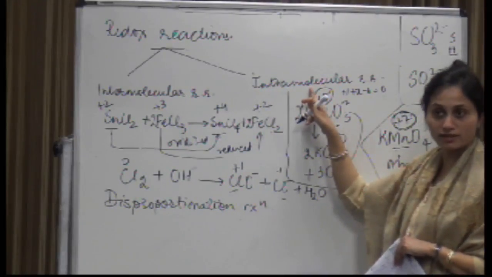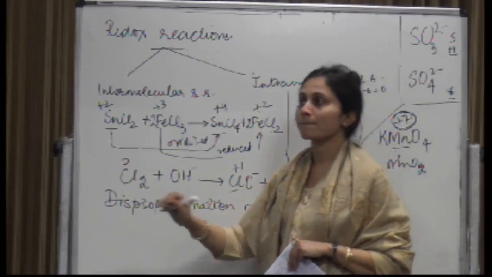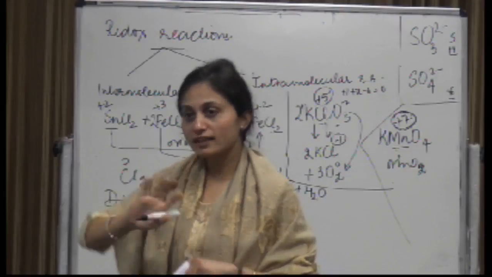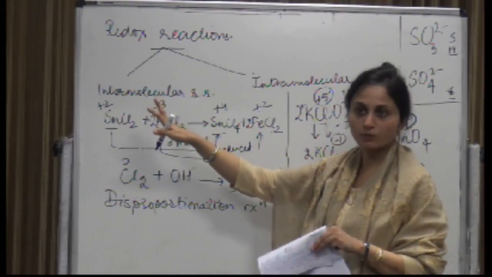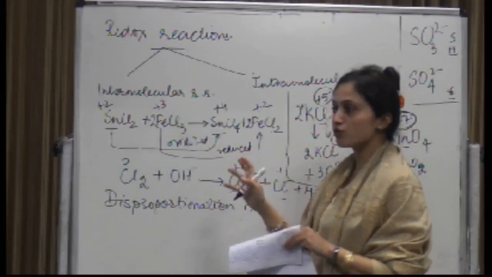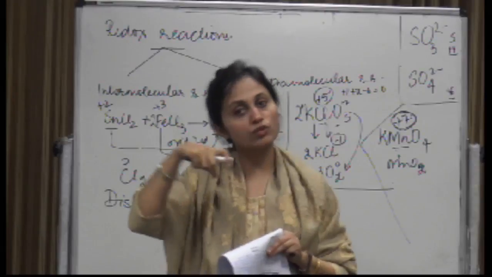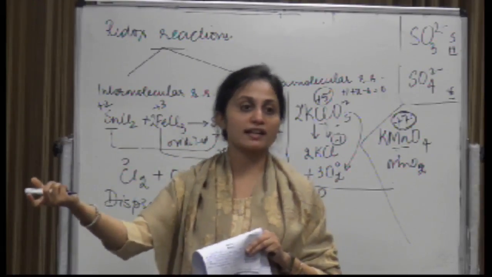Now for disproportionation reaction, disproportionation can be intra also and it can be inter also, let me tell you. But a characteristic feature of disproportionation is that the same element in the same reaction is getting oxidized and the same element is getting reduced.